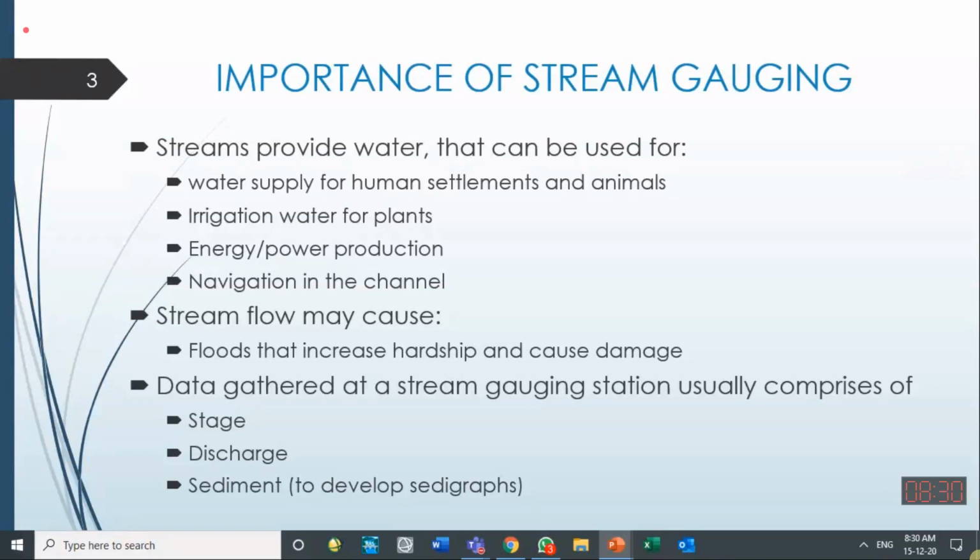So if we want to forecast floods, we need to see the behavior of that stream in historical events. What do I mean by behavior? For example, the water level or flood level depends upon the channel cross section and channel slope. The same discharge in one channel may cause a flood, and in another channel the same discharge does not cause a flood.